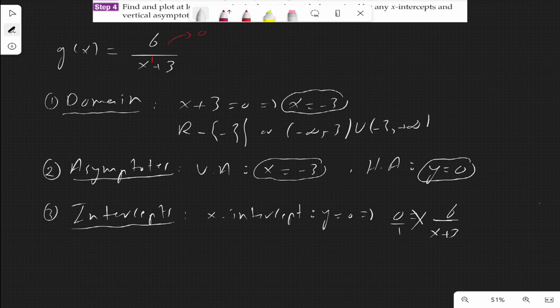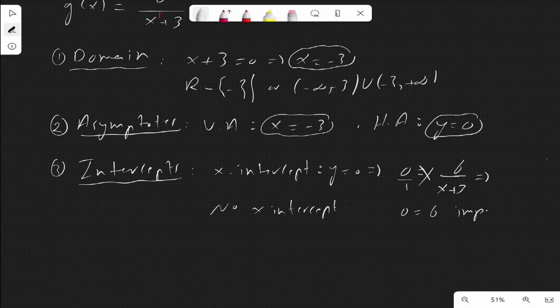Cross multiply leads to 0 equal 6, which is impossible, meaning there is no x-intercept. The graph doesn't cut the x-axis.